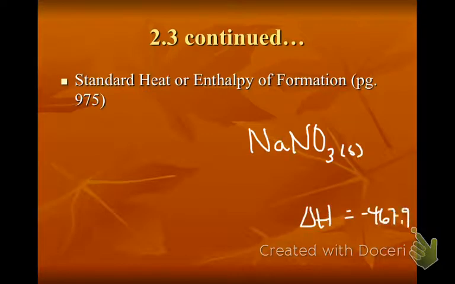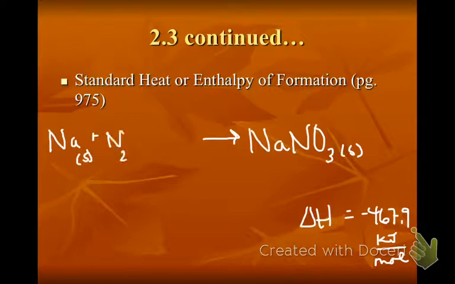And so what we want to do is show how 1 mole of this is made up from its elements. The standard state of sodium, the element, would just be Na, and it would be a solid. The standard state of nitrogen would be N2, and it's a gas. And the standard state of oxygen would be O2, and it would be a gas.